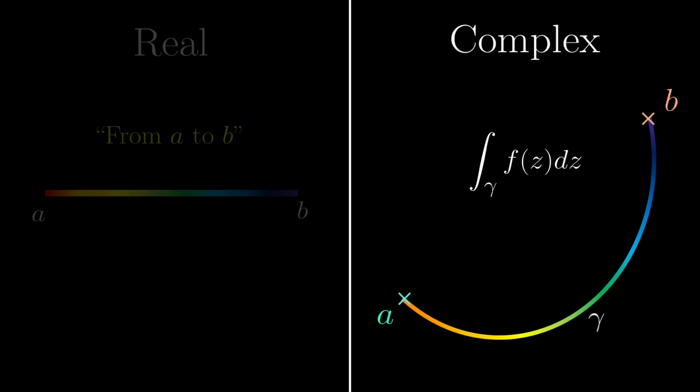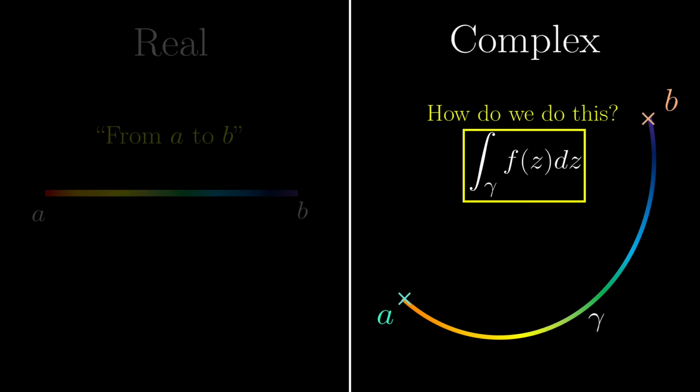But the thing is, how do we compute this? I mean, technically, you can just repeat the definition and sum up all the dz contributions, but that's way too inefficient. Well, one slightly better way is to do direct parametrization. It starts off like this.